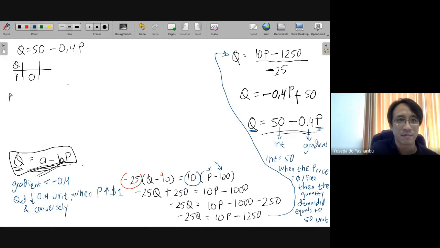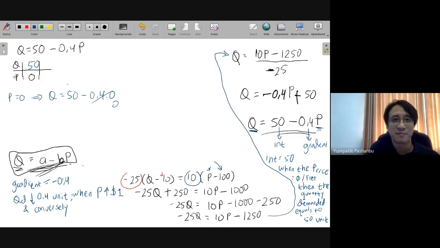If the p equals to 0, then q equals to 50 minus 0.4 times 0. 0.4 times 0 means 0. So the quantity will be 50. If the p is 0, then the q will be 50.